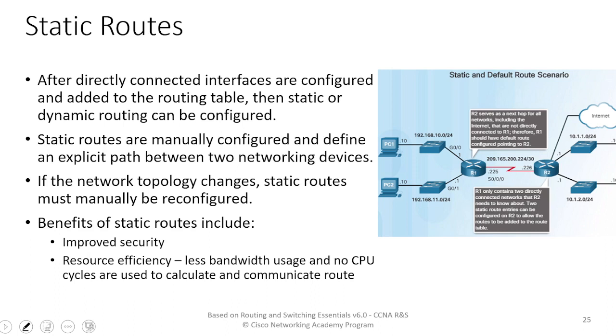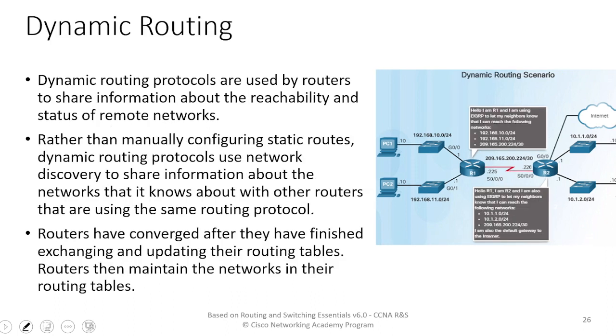But the problem with static routing is that it can be very inefficient when the network becomes larger. For smaller networks it is functional, and in some cases it could even be preferred. But for larger networks, static routing may be very inefficient. So when we have much larger networks, we use what is known as dynamic routing.